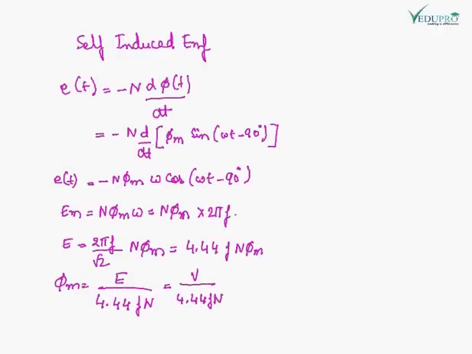The self-induced EMF e is given by minus N d phi by dt, and putting the value of phi here, I will get this, and deriving this I will get Em to be like this. E is 2 pi f upon root 2 times N phi m. Now the value of this will be 4.44. Putting in the value, the flux will be E upon 4.44 f into N.